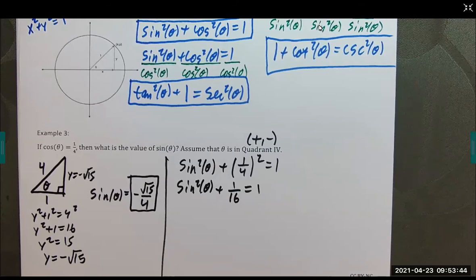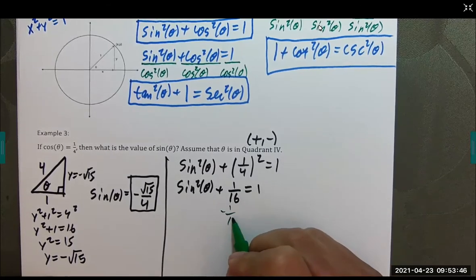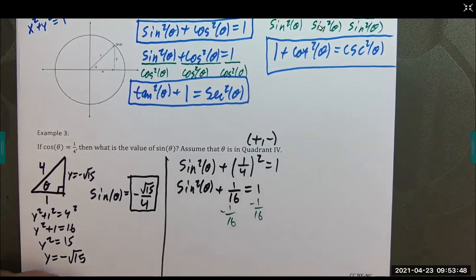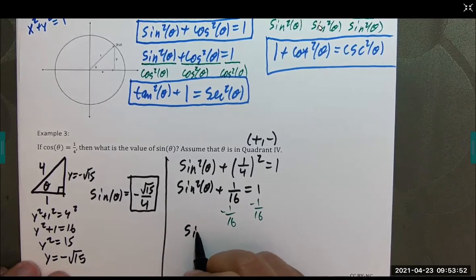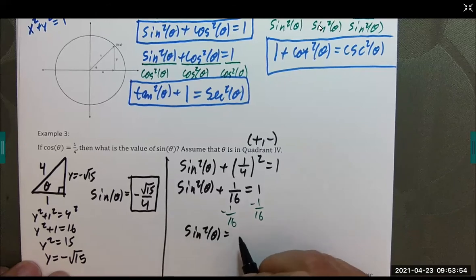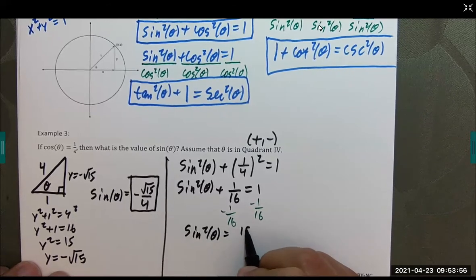And when I subtract 1 over 16, sine squared theta is going to equal 15 over 16.